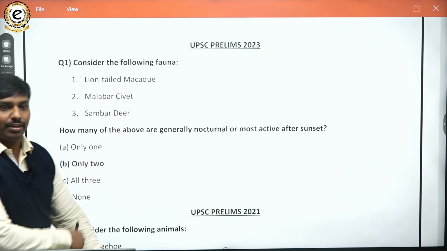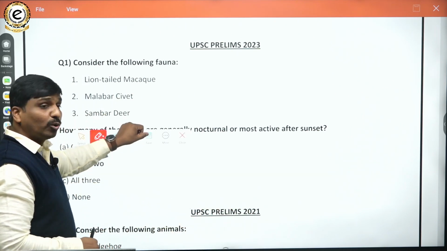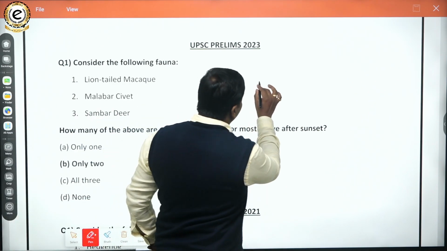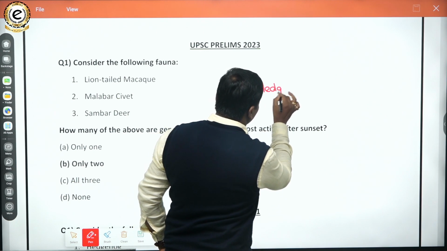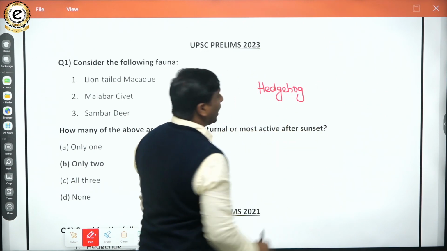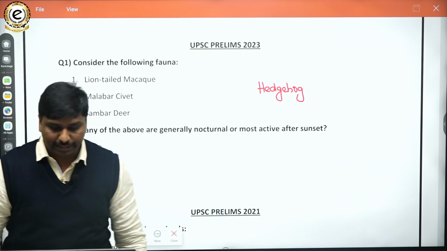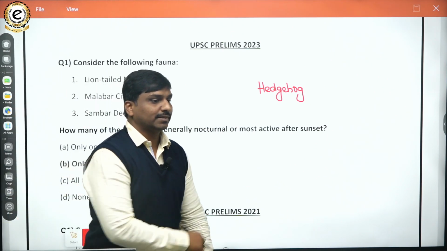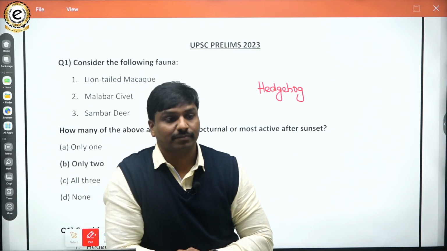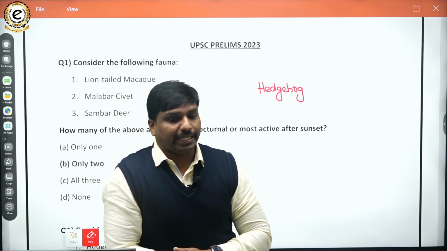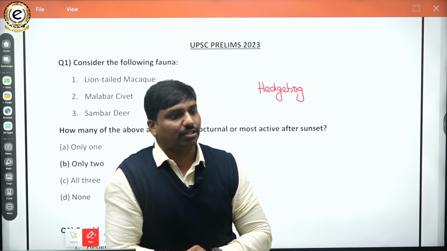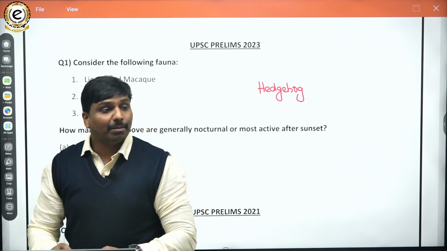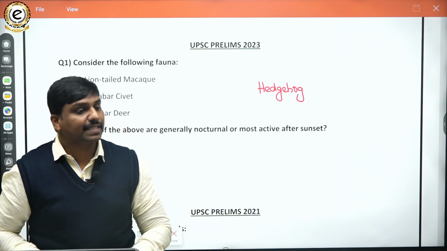Remember these examples; when we go to the biodiversity portion, we will look at the images. Or if you are not clear, go through the images once when you go home. Hedgehog is another nocturnal animal. Then flying squirrel. Then sloth bear. Sloth bear is also a nocturnal animal. Then Malabar civet.